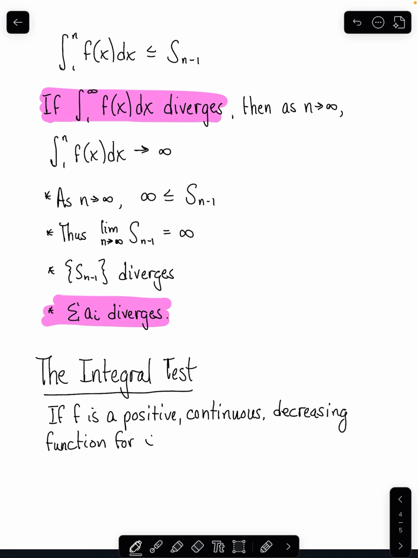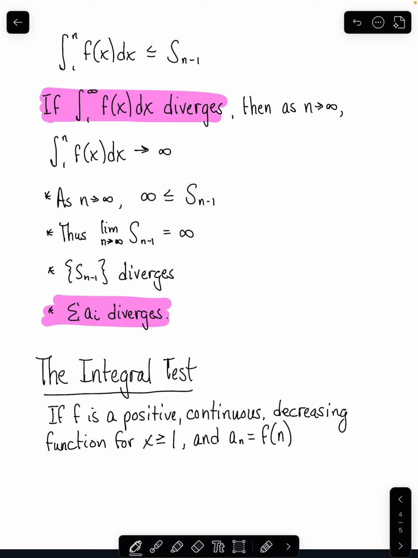Now, as drawn in the graphs before, we only needed to be doing this for x greater than or equal to 1. And then we have a series whose terms are equal to the values of the function at those integer marks.